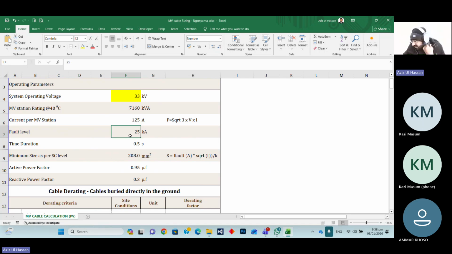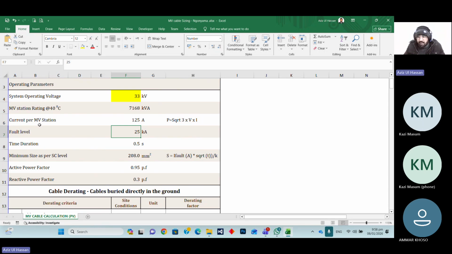Now we have this fault current. So where do we get this fault level? Basically, we have to check that if our system goes into fault conditions, what is the maximum current?